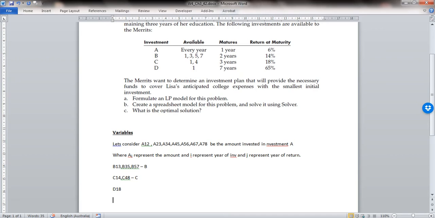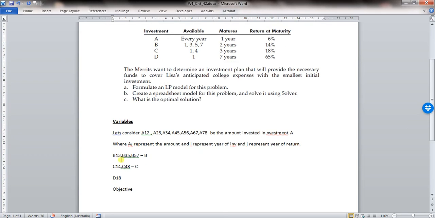And what will be our objective? Our objective is to maximize the return? No. Our objective is to minimize the initial investment.